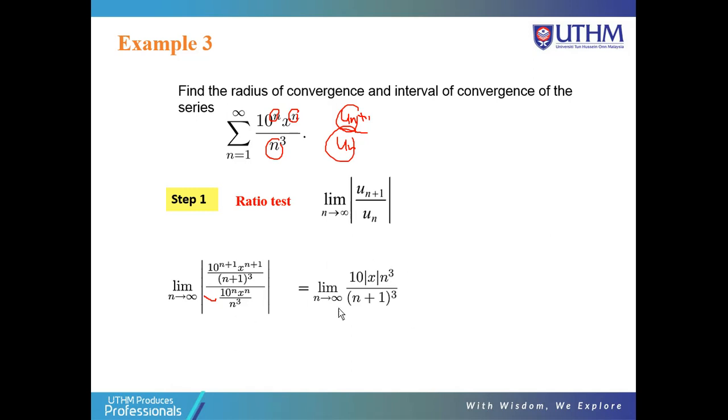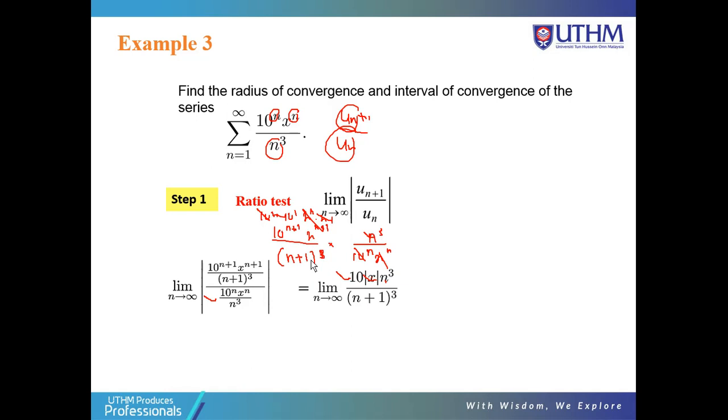So here you take the limit. It becomes n plus 1 x^(n+1) divided by (n+1)^3, multiplied by n^3 over 10^n x^n. The 10^n and x^n cancel, leaving 10, multiplied by x, with n^3 over (n+1)^3.